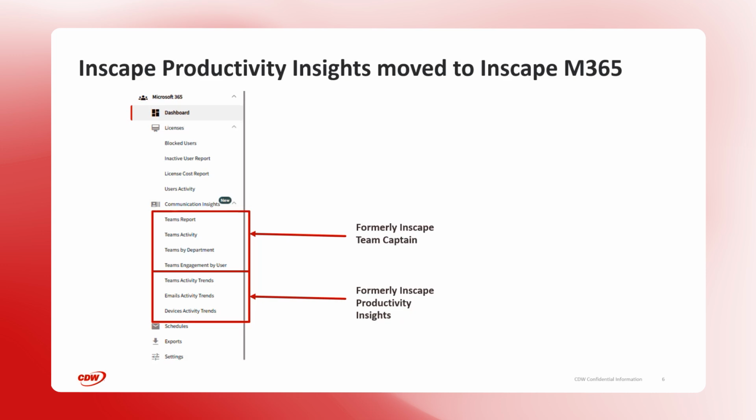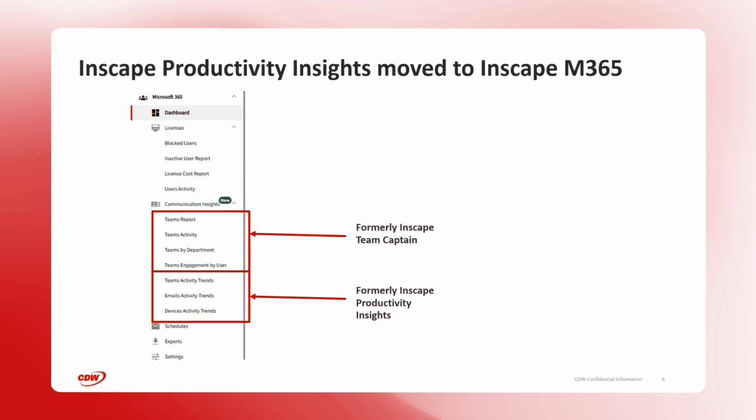So if you were using Productivity Insights in the past, this now has been moved into the Inscape Microsoft 365 service. You can see the navigation on the left now has been enhanced. So you're no longer going to see Productivity Insights. This has now been moved under Communication Insights within the Microsoft 365 service. Also, if you were previously using Team Captain, this is also within the Microsoft 365 service. So we've done some consolidating of the navigation to make the experience better for you.